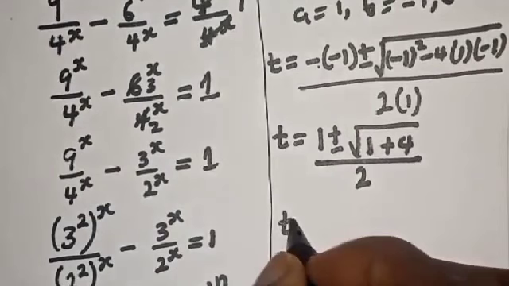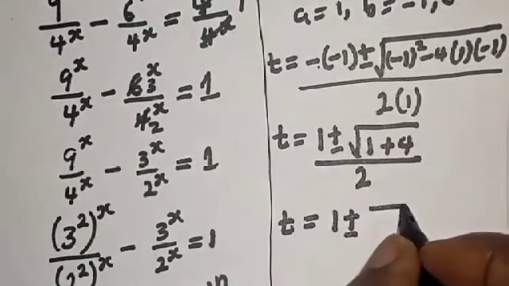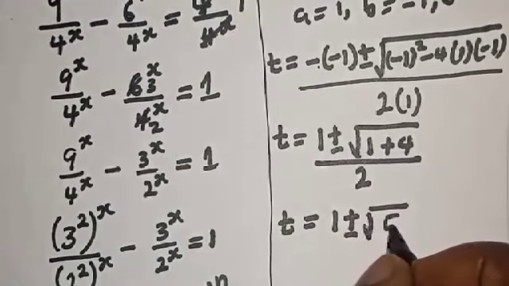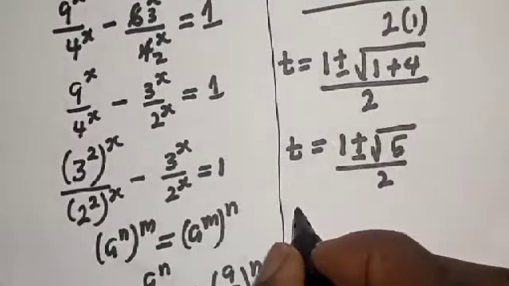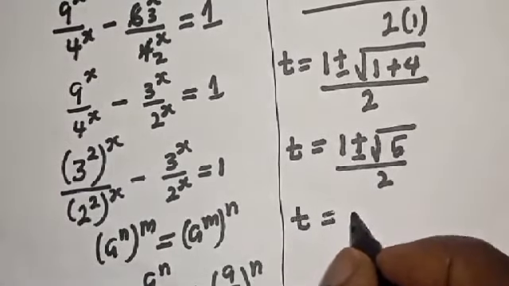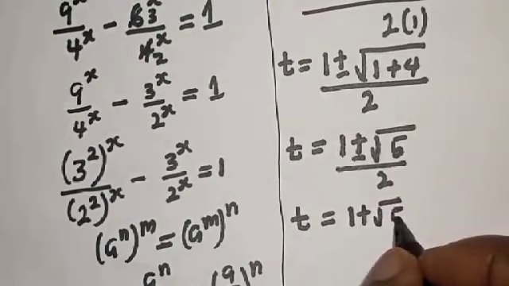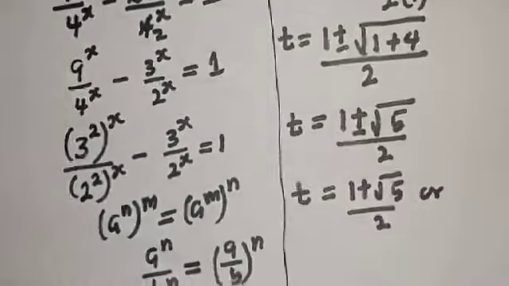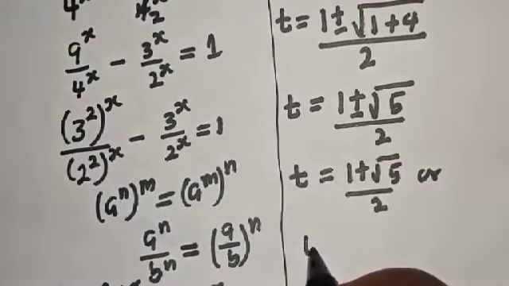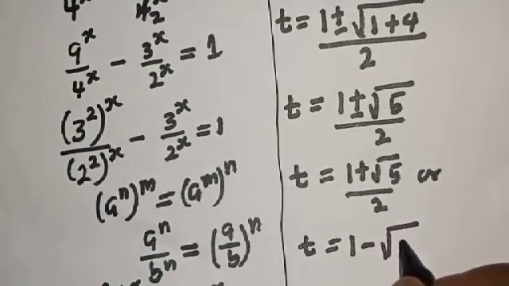Now t is equal to 1 plus or minus square root of 5 over 2. t is equal to 1 plus square root of 5 over 2, or t is equal to 1 minus square root of 5 over 2.